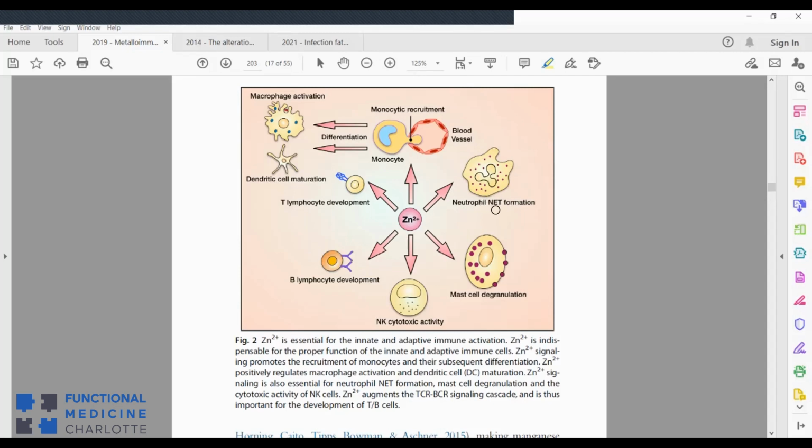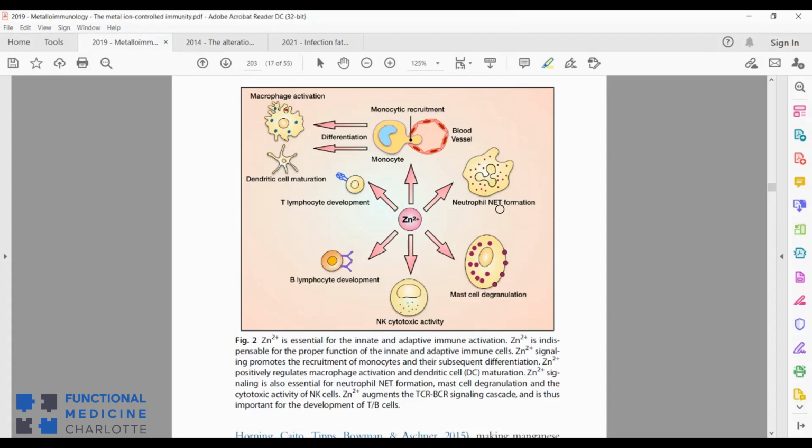NET is an acronym for neutrophil extracellular traps. And so basically nets will trap microbes in the tissue for destruction. And part of net formation and neutrophil production will increase calprotectin. So those of you who have had stool tests and you have high calprotectin on your stool, that's an inflammatory marker based on neutrophil production.